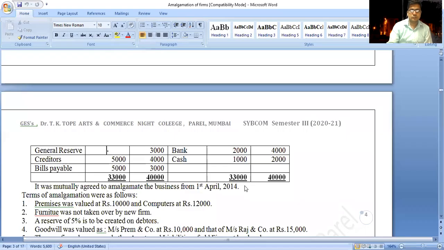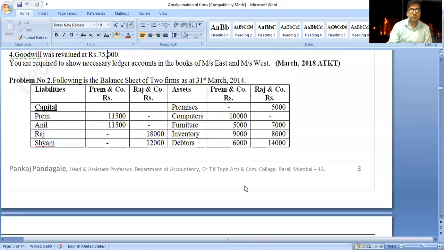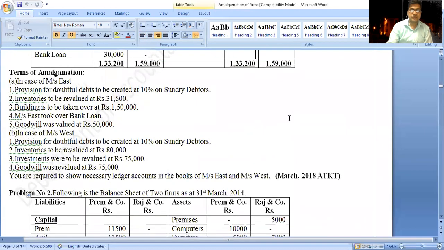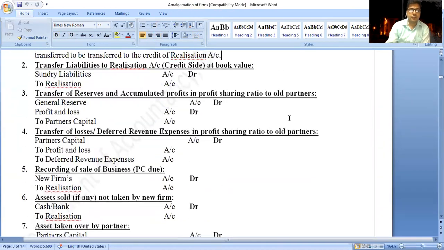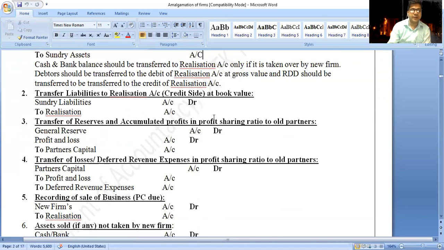Now, friends, if you see the question, here is Raja and Company and the Payment Company, and we have to solve this particular question. Whenever we solve it, we will apply certain general entries.